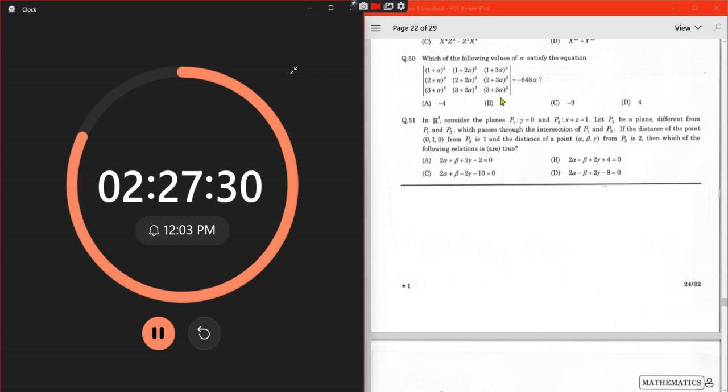So 2 4 6 is like 1 1 1. And what is happening here, one more 2 will come out. That just means 4 alpha cubed times the determinant of 1 plus alpha squared. So here there is 2 plus alpha squared, then 3 plus alpha squared. One has 1 2 3 and one has 1 1 1. So basically the square of 1 2 3 is going to come out. 4 alpha cubed, 1 cubed, right. Okay, 1 1 1, okay the square is 4 2 1 and then 9 3 1.